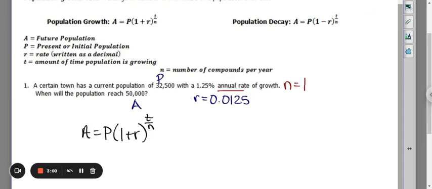So that means the future population of 50,000, the initial population of 32,500, 1 plus 0.0125, and t over 1. Because it's an annual growth rate, we're only measuring it once a year.